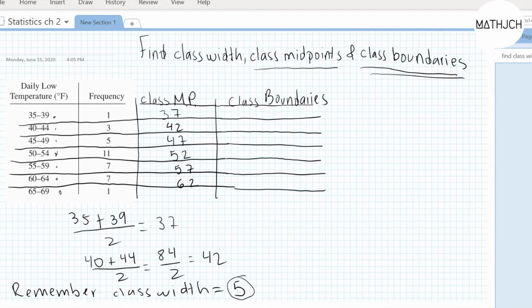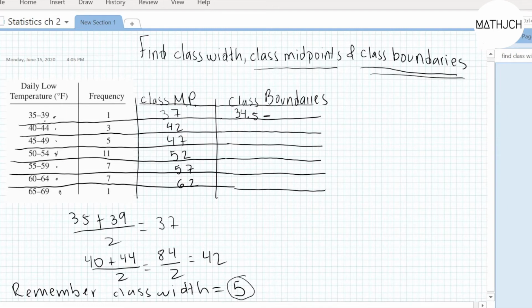All we have to do is subtract or add 0.5 to the first lower class limit, and then we keep going. For example, for the 35, our class boundary will be 34.5.